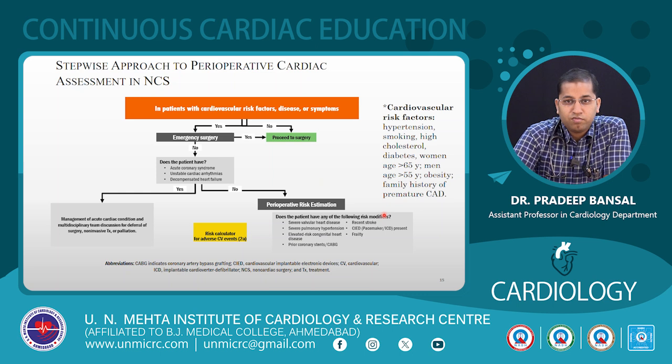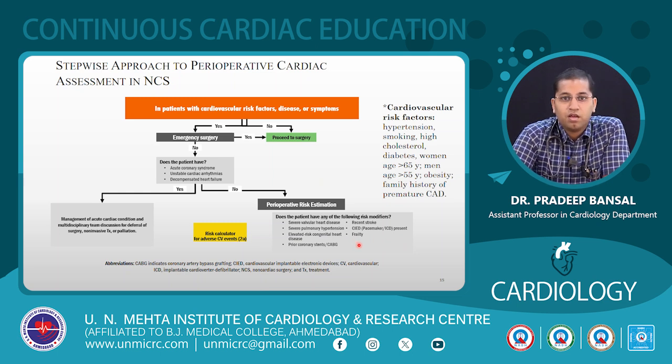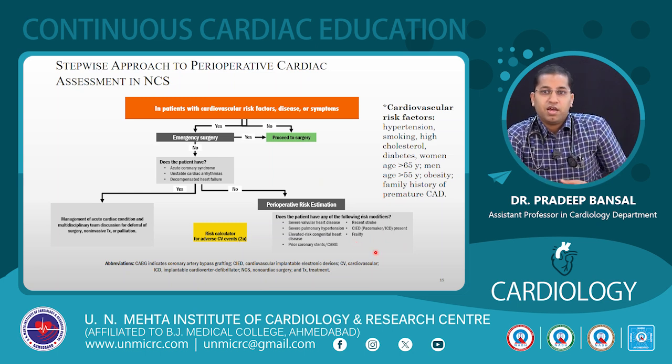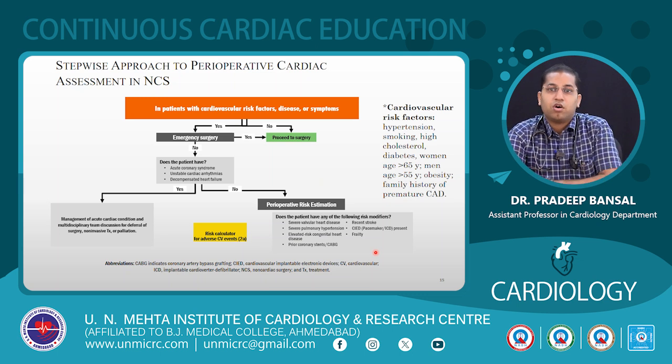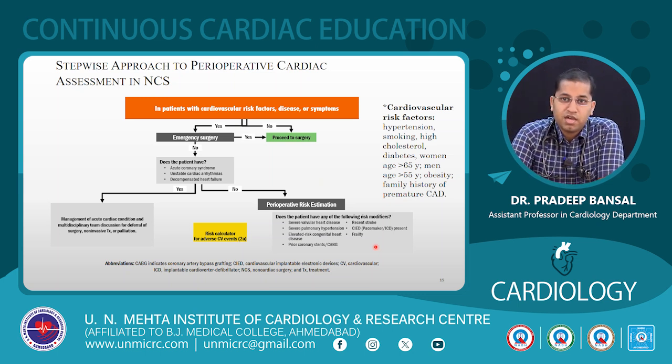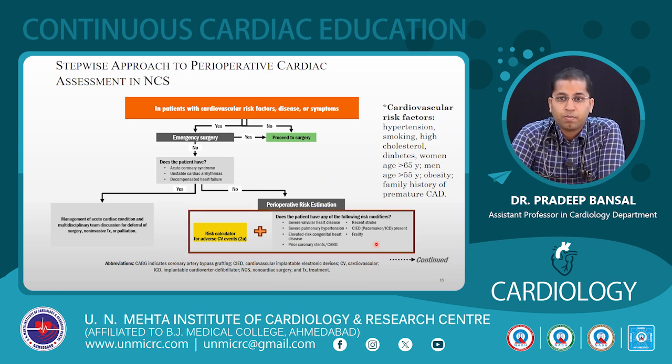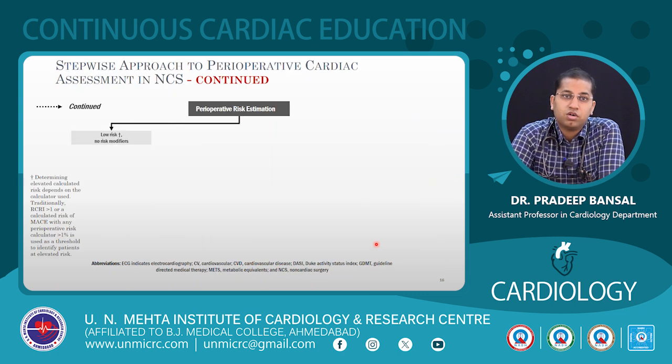If any of the risk modifiers are present, like severe valvular heart disease, severe pulmonary hypertension, elevated risk congenital heart disease, prior coronary stent or CABG, history of recent stroke, or any CIED like pacemaker or ICD, then we should evaluate further. So, then we further evaluate this patient with perioperative risk estimation.